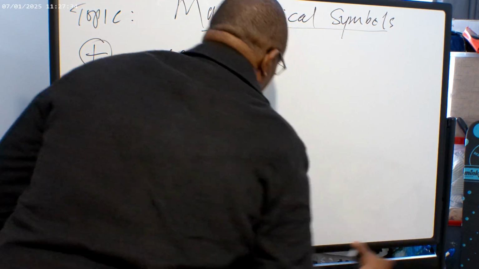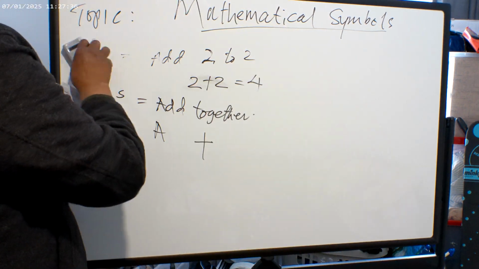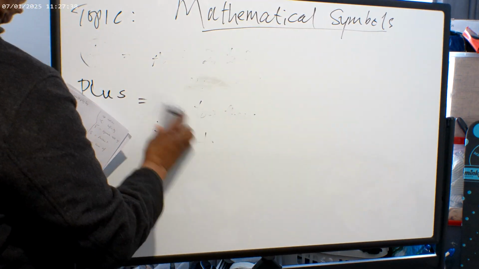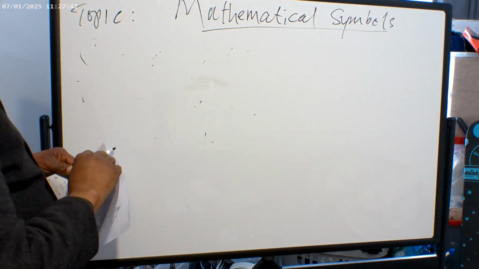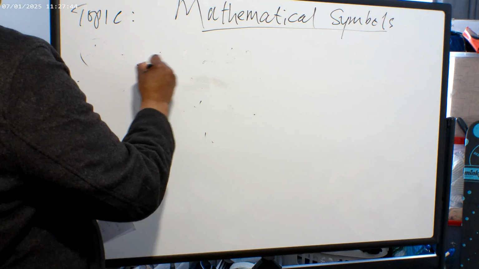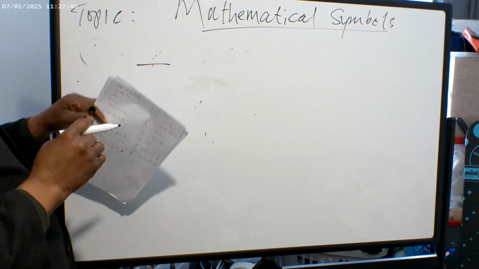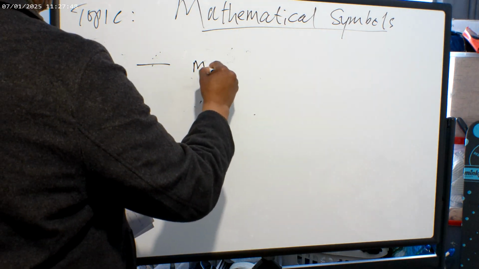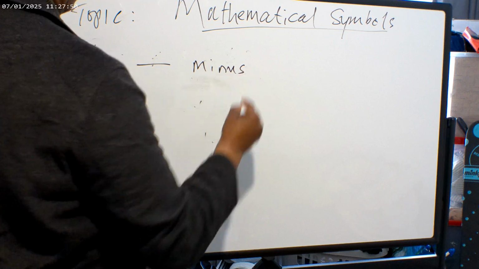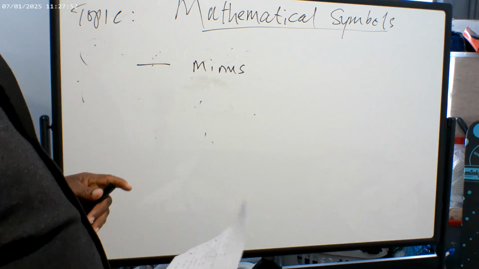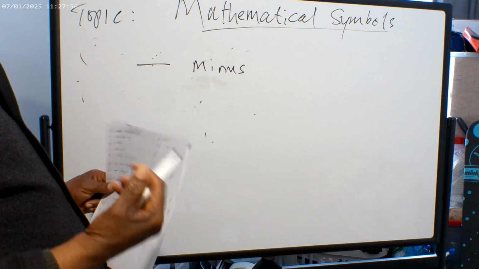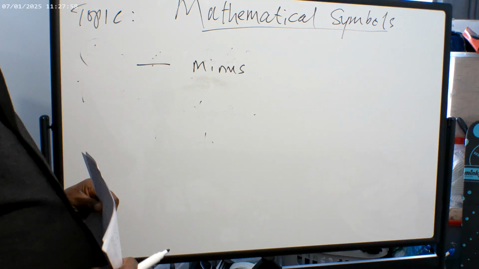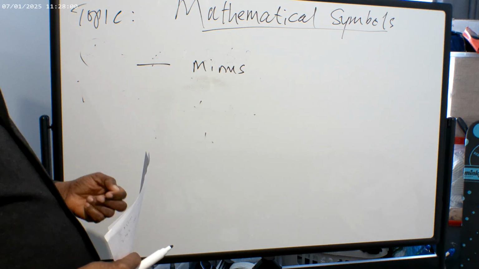So we now proceed to the second one, which is a minus sign. This is the sign for minus. For some of us whose first language is not English, sometimes we say remove.